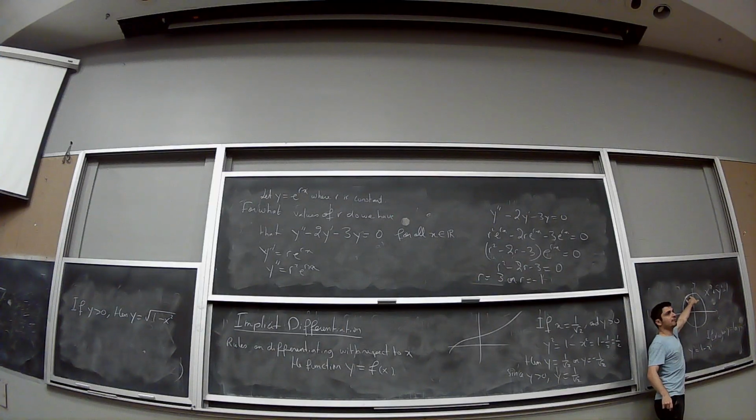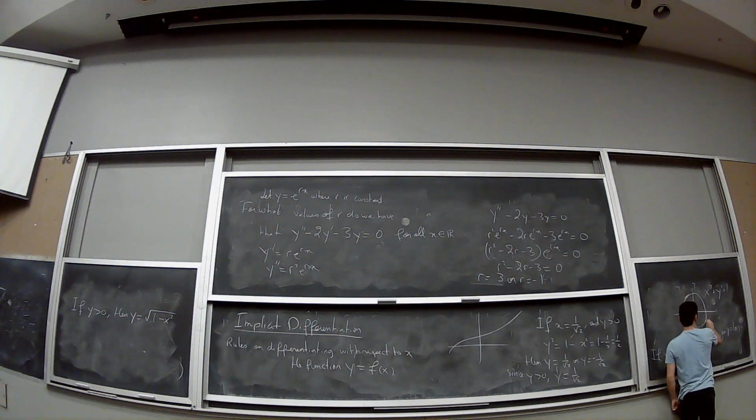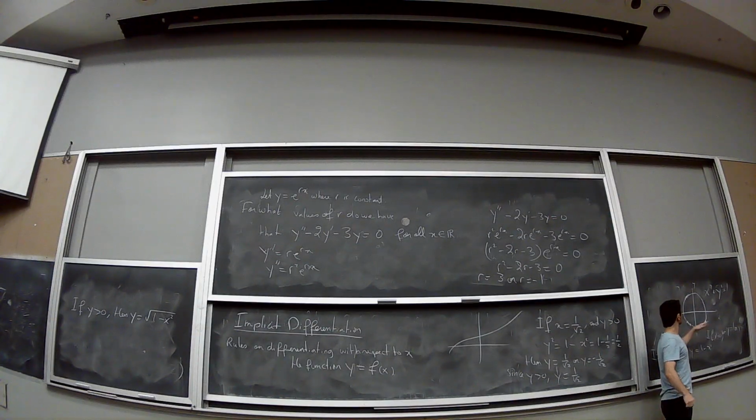Does this part of the graph pass the vertical line test? I'm looking at this one. Now let me look at this one. Does this part pass the vertical line test? Okay, so far I have no problems, provided I restrict myself to very small ranges.